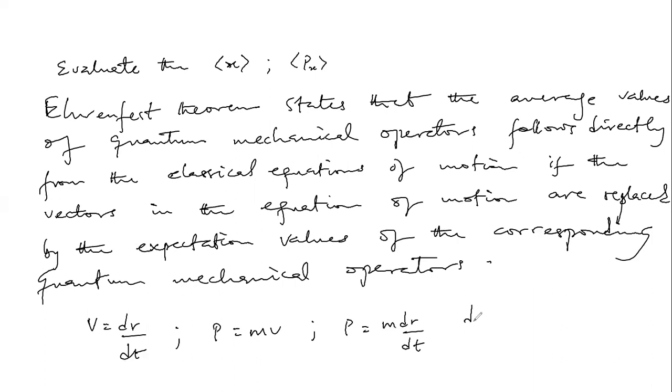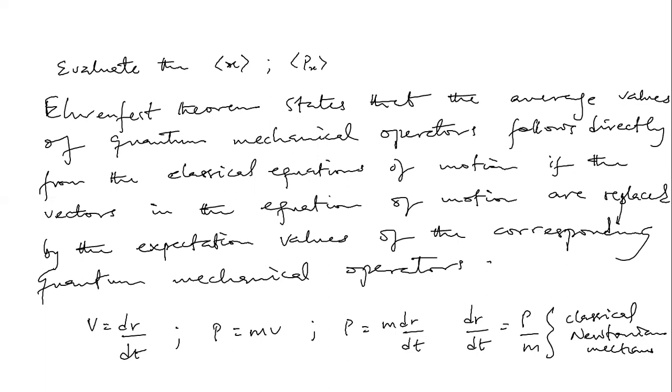And this means that the first time derivative of the position will therefore be the same as the momentum divided by the mass. Now, this is classical Newtonian mechanics, okay?